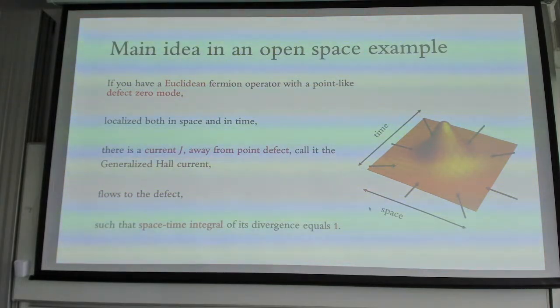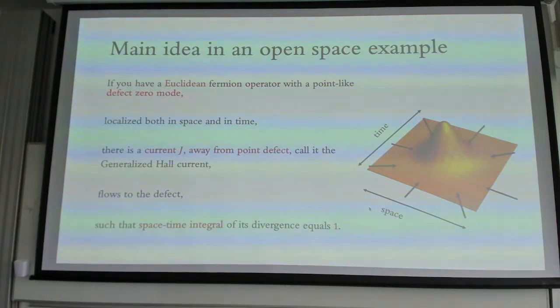In that case, there is a current, J, away from the point defect, and we call it the generalized Hall current, that flows to the defect such that the space-time integral of its divergence is 1, okay? So this is true every time you have a Euclidean fermion operator which has a zero mode localized in space-time.